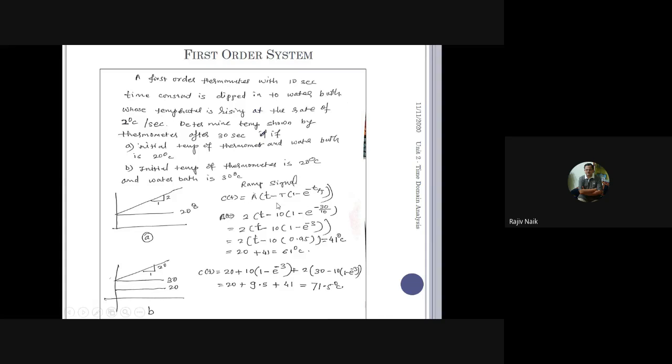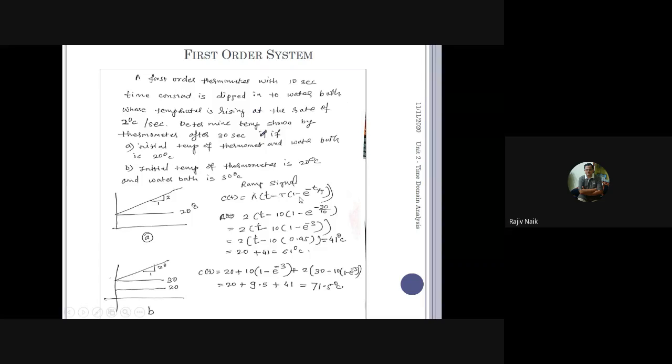So the ramp signal equation, we derived just now in the previous class. That is A or K into bracket t minus T into bracket 1 minus e to the power minus t by T. Or you can take this minus sign outside. In the previous class that is exactly what I did.